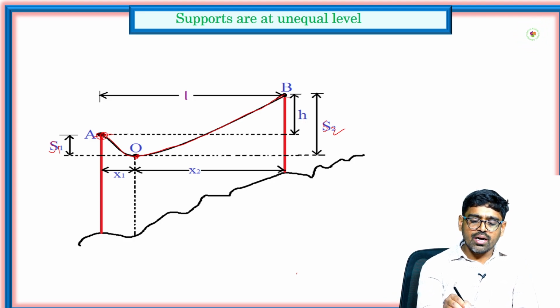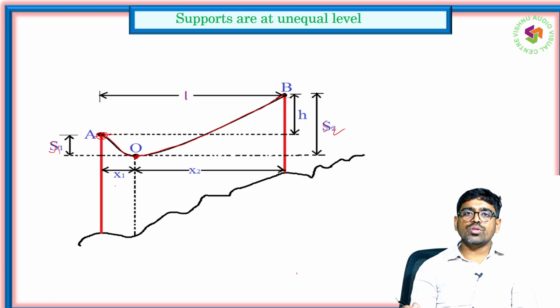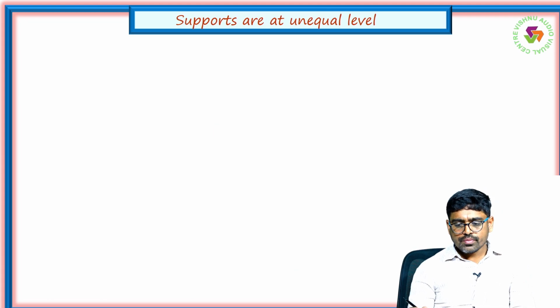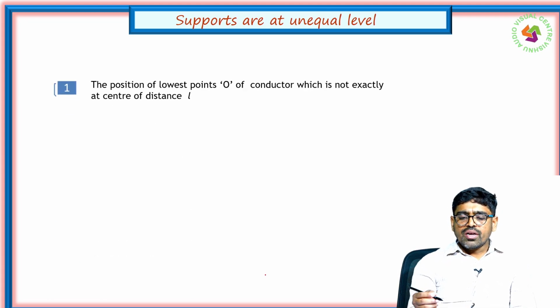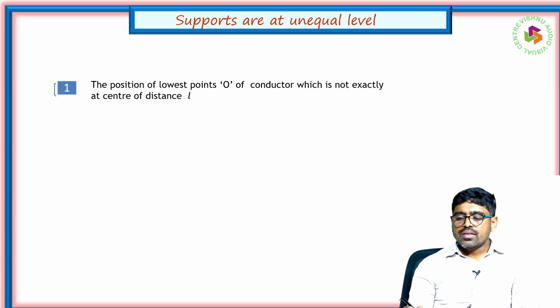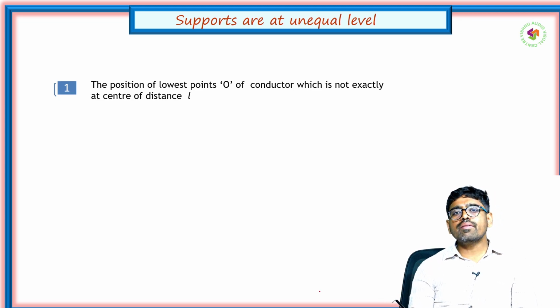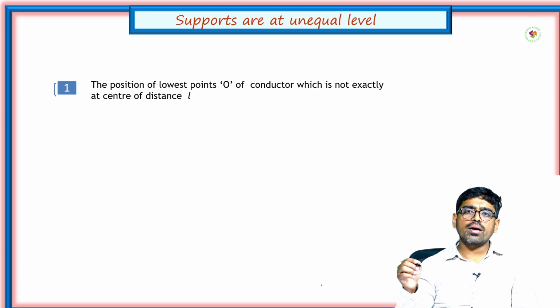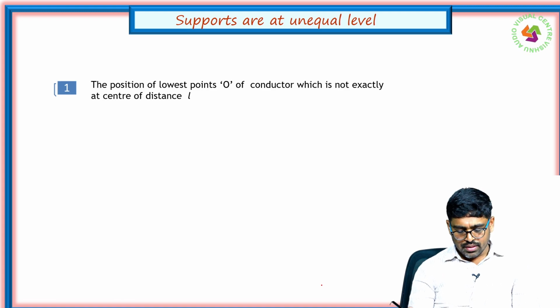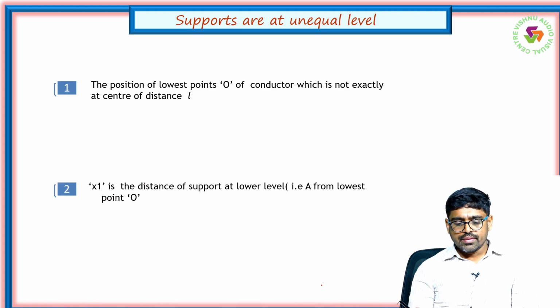We consider the distance up to the lowest point O as X1, and with respect to B it is X2. The position of the lowest point O of a conductor is not exactly at the center of the span. When the towers are at equal height, we get it at the midpoint, but when the tower heights are unequal, we get it at a different position, not at the center.